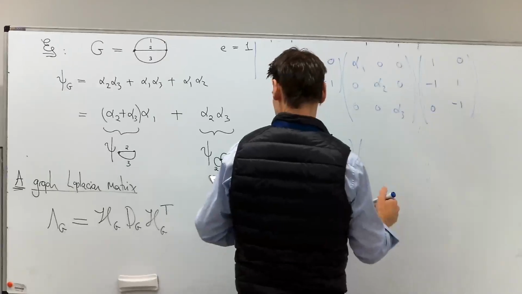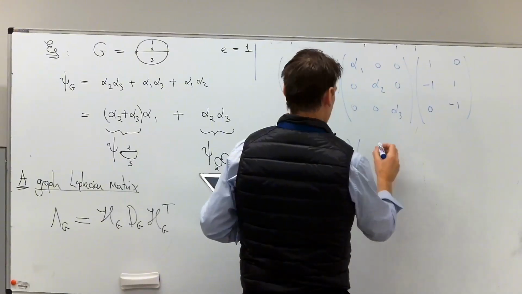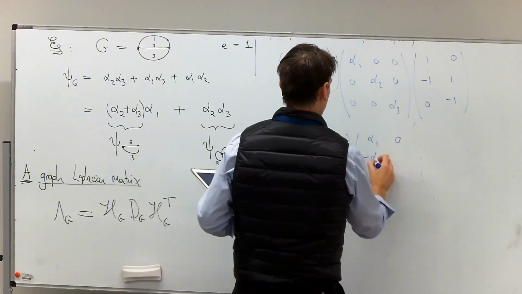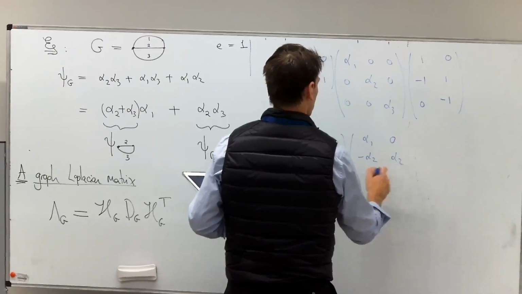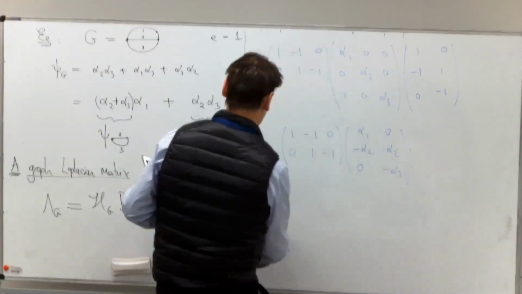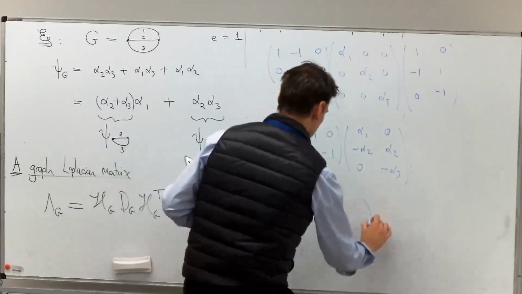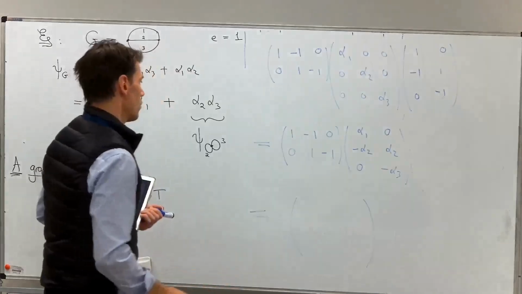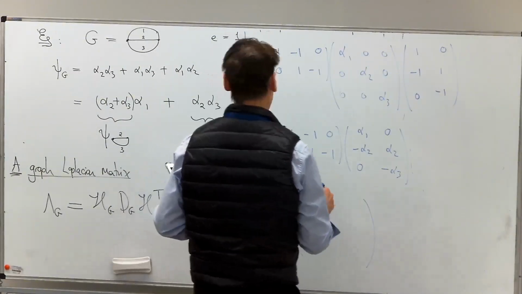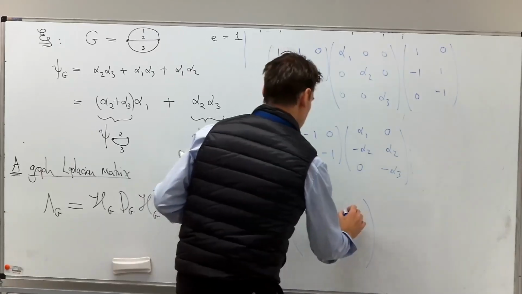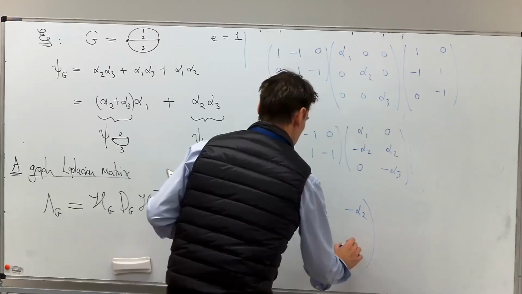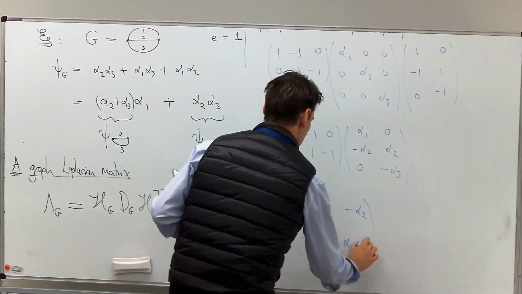Okay, so this is alpha 1, 0, alpha 2, 0, minus alpha 3. And at the end we get a 2 by 2 matrix, which is alpha 1 plus alpha 2, minus alpha 2, and minus alpha 2, and then alpha 2 plus alpha 3.